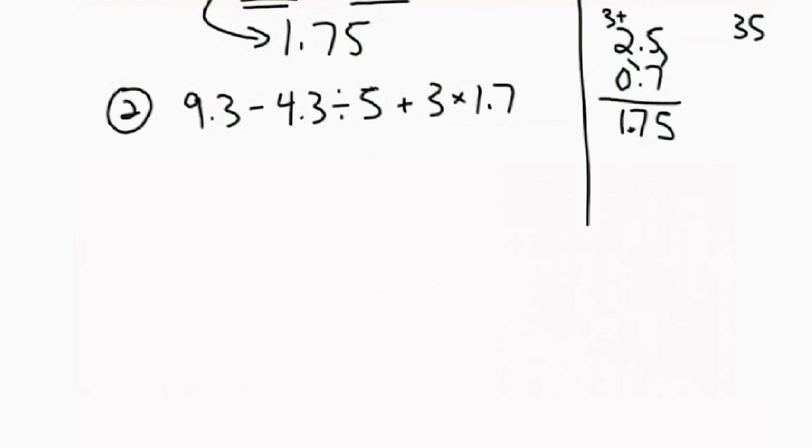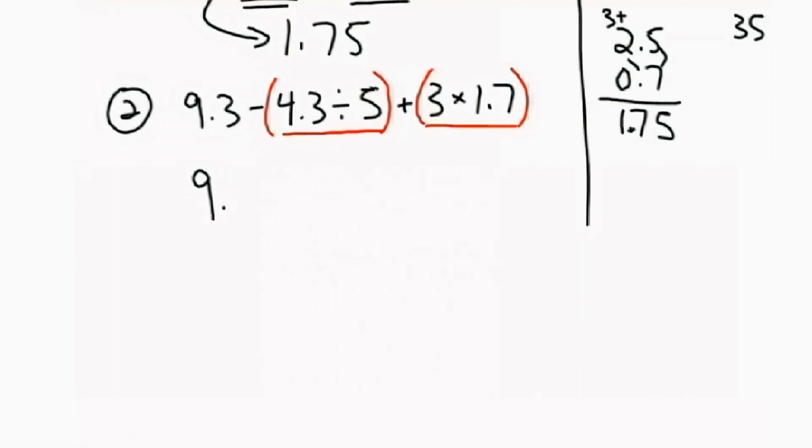So now I'm going to underline in red what I've got to look after first. I'm going to look after the 4.3 divided by 5 and the 3 times 1.7. You could really think of these as being in brackets if you wanted to, because we know we have to do those first. So I'm going to go ahead and do those.